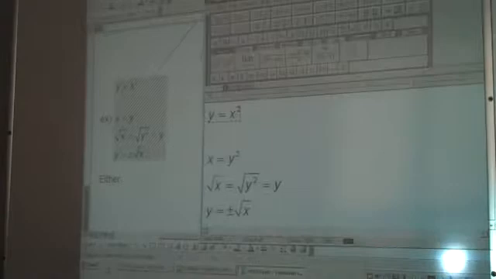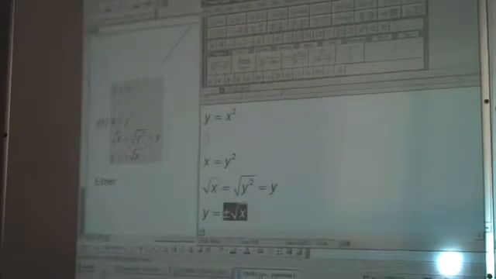Let me now get to some more specific examples. Okay, here's what I'm going to write about this one. Either plus or minus root x. Actually, that should be y equals.